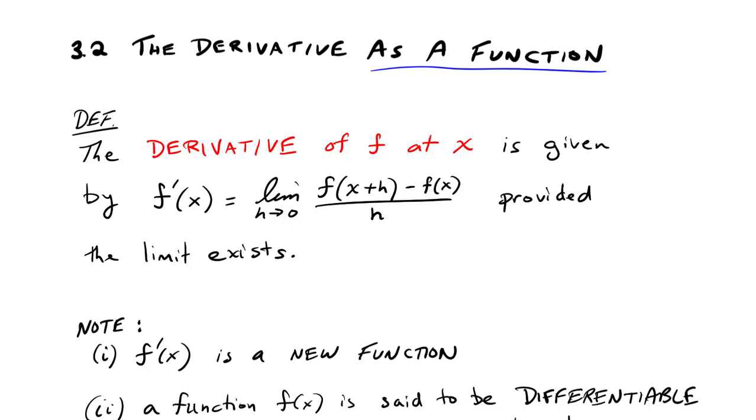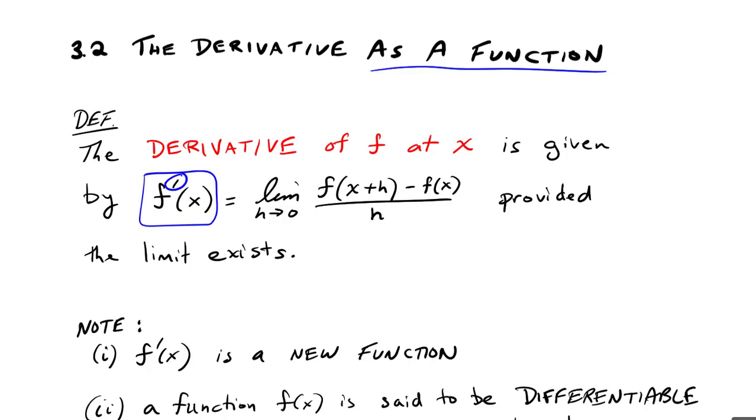So let's just define the derivative of f at x. So the derivative of f at any point x. That's the difference here, not a specific value a like before. Okay, so this definition, the derivative of f at x is given by f prime of x, is what we're seeing here.